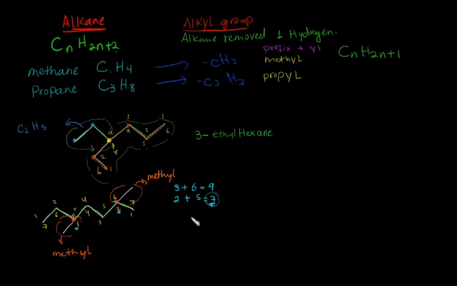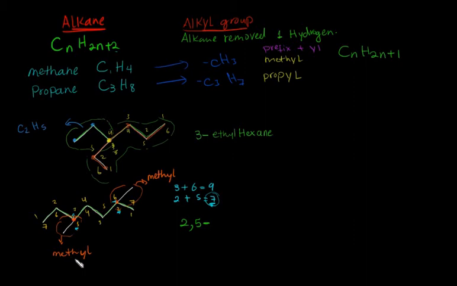So we have in numbers 2 and 5. So 2, comma, 5, then dash. We have methyl groups here.